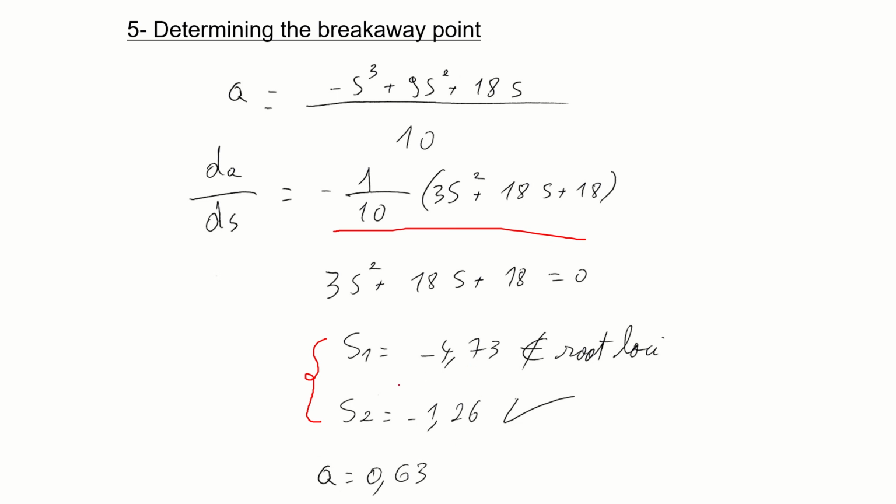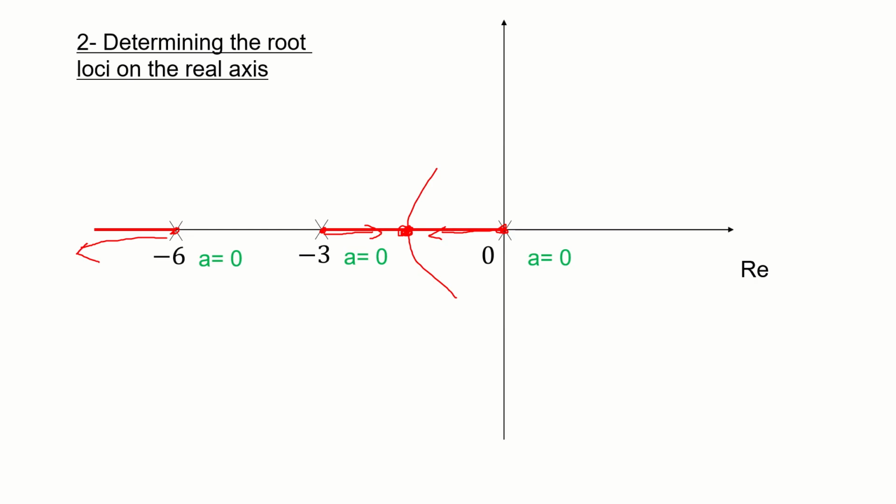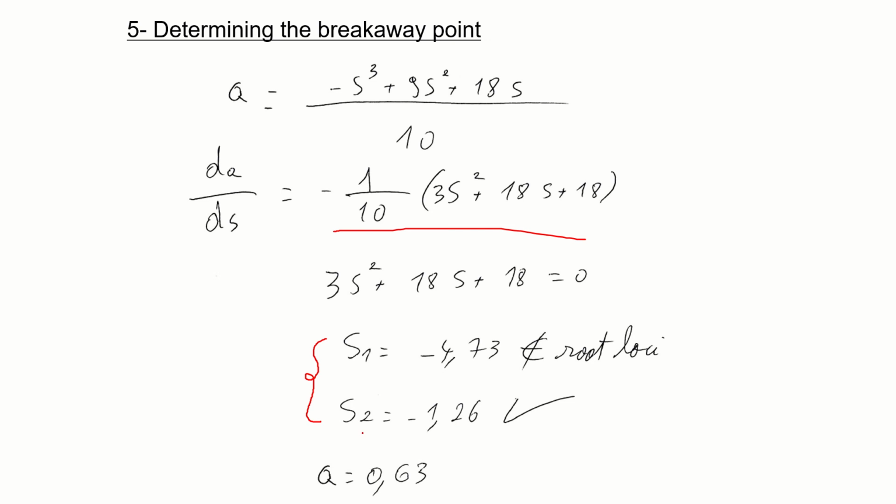If we go back to the root locus on the real axis, minus 4 point something does not belong to the root locus. The value will be between -3 and 0. This is why minus 1.26 is our breakaway point. Please remember that the breakaway point should be on the real axis.